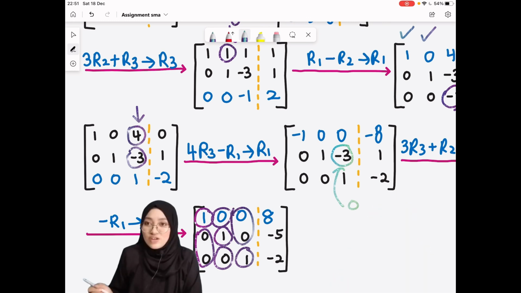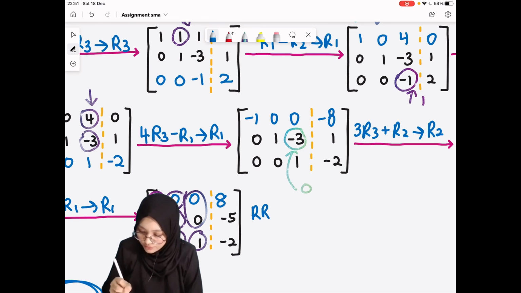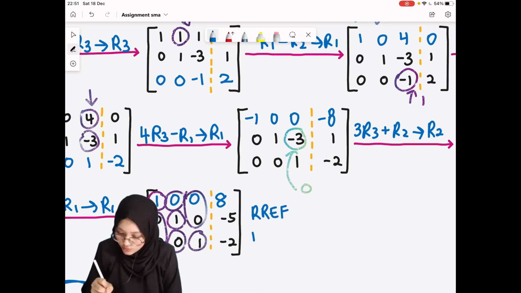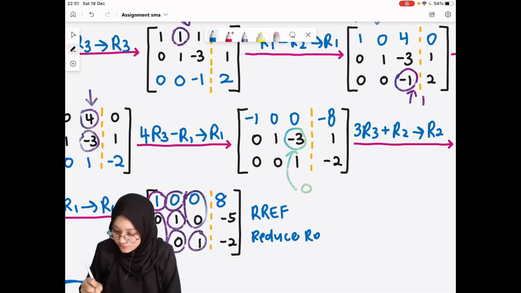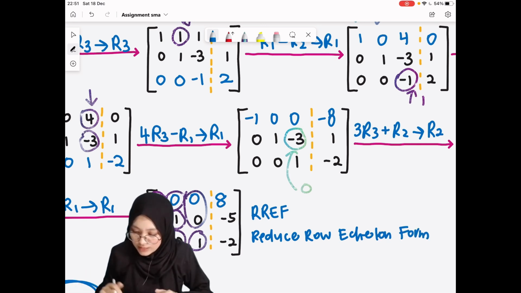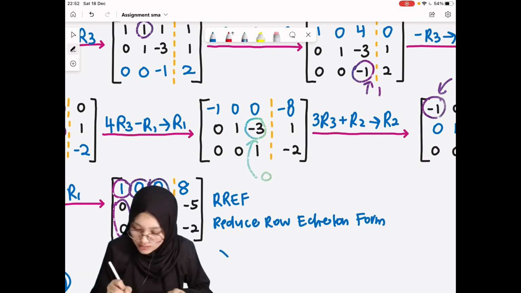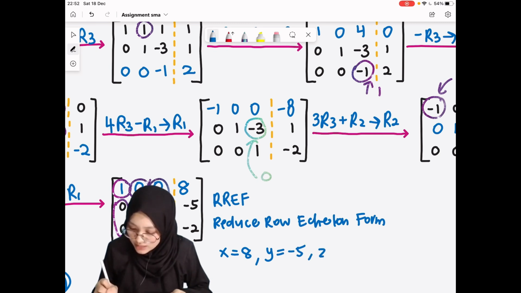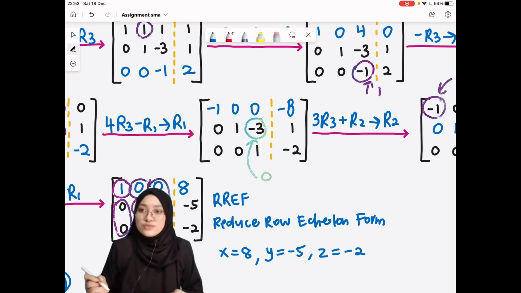So this is called RREF, or reduced row echelon form. Clearly, the solution reads x equals 8, y equals negative 5, and z equals negative 2.